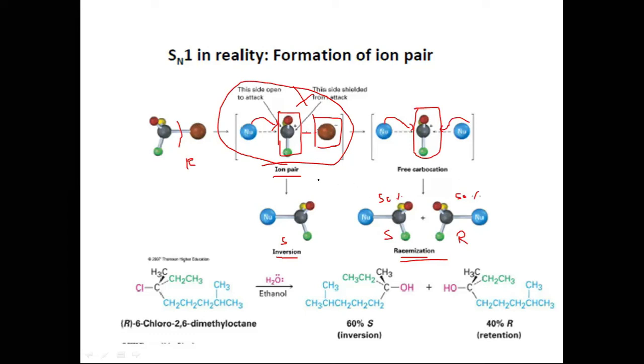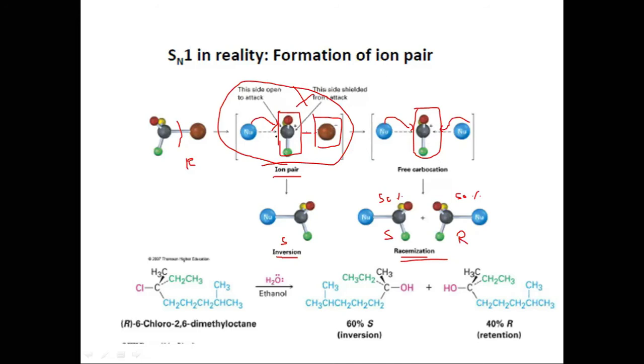But whenever you determine the R and S configuration after the reaction, generally you find the S form slightly more in proportion over the R form. Then they came up with an idea that this will proceed through the ion pair form, and then it will move to the free carbocation state.